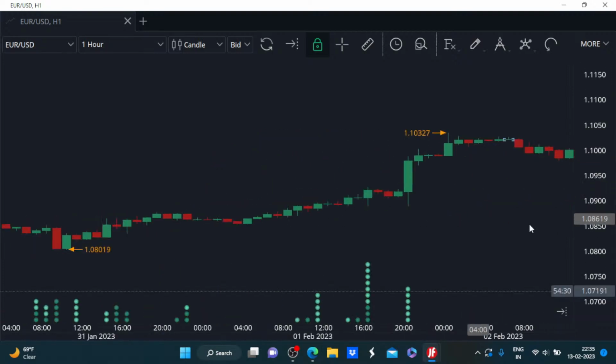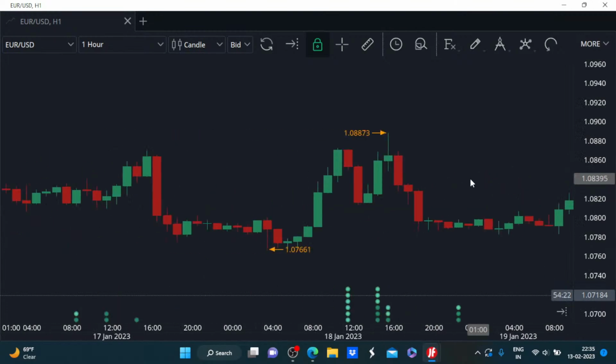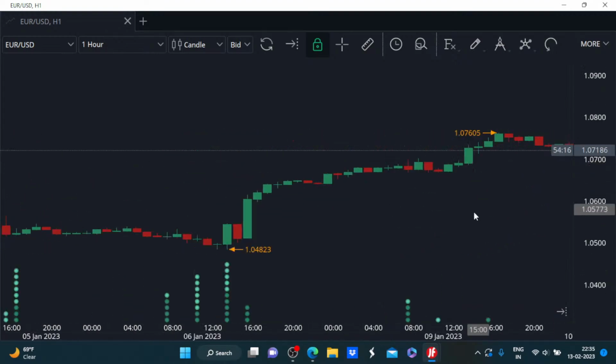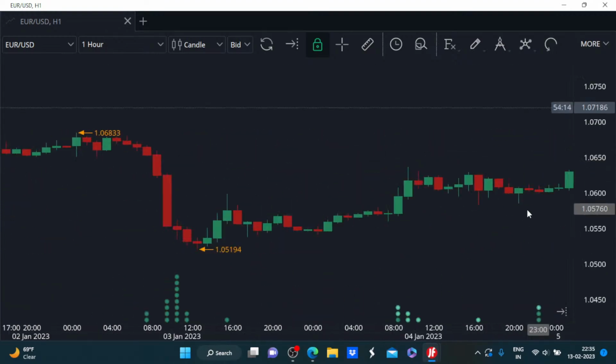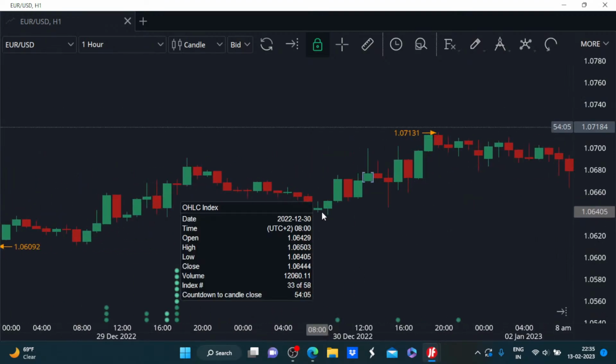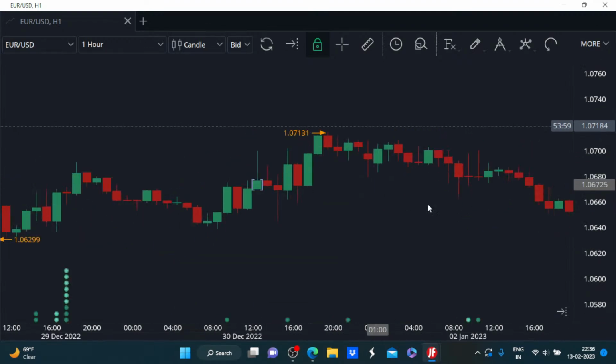Now let us look for some more examples. It seems not to have really formed. Okay, here it is, one case. In this case also, there was not much of a move on the upside prior to this formation, and here we are seeing that the price action remained sideways.